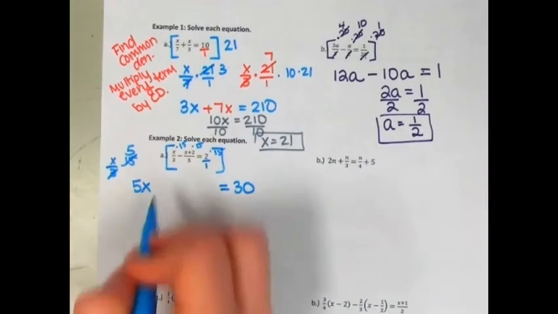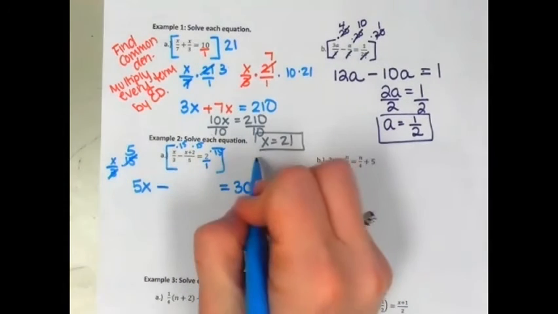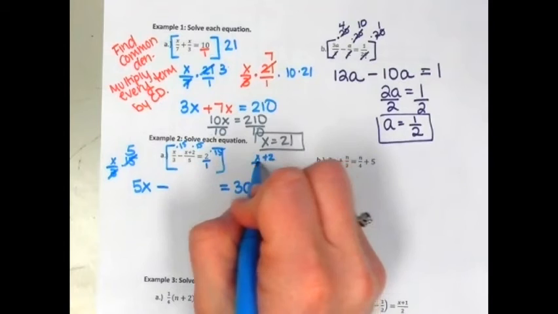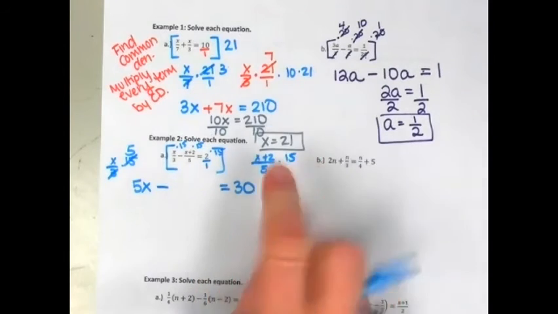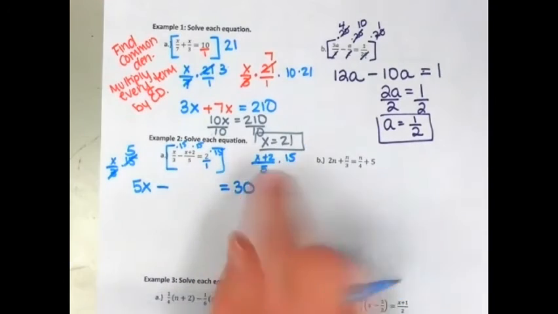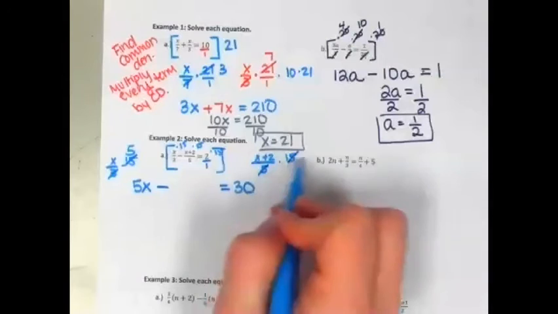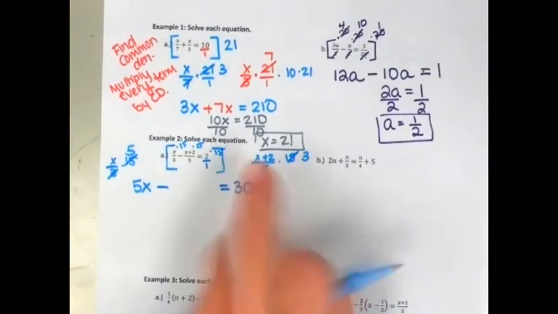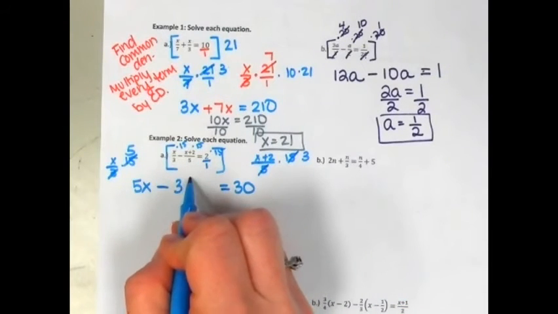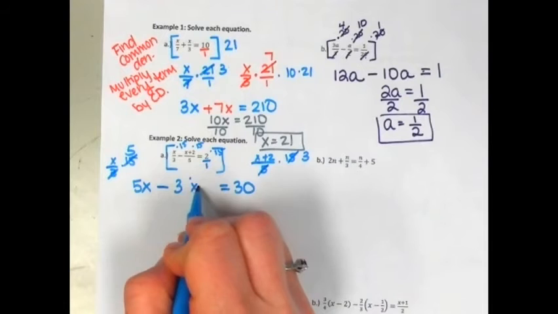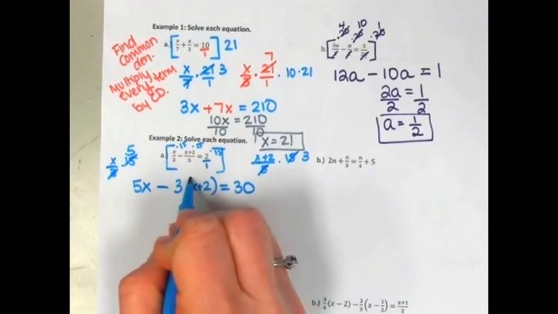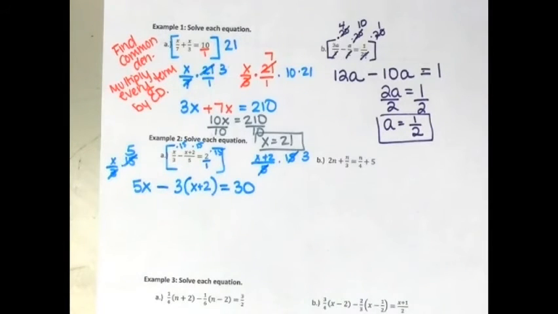All right, minus. We have this x plus 2 over 5 times 15. And I always divide first. What's 15 divided by 5? 3. Now I'm going to take 3 times what? x plus 2. So what do I need to put with the x plus 2? Don't I need to put parentheses around that? Right. Now, aren't we back to solving equations like we did before?